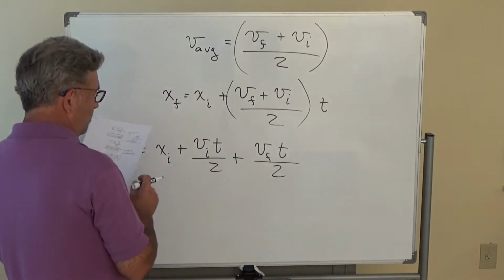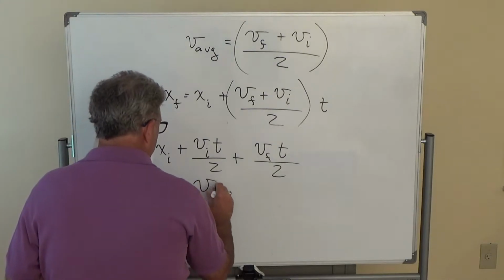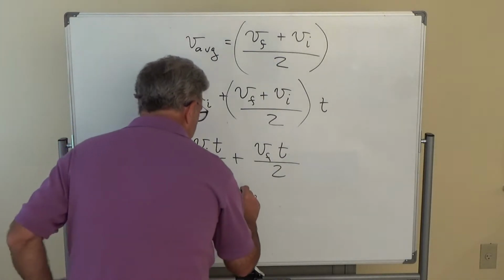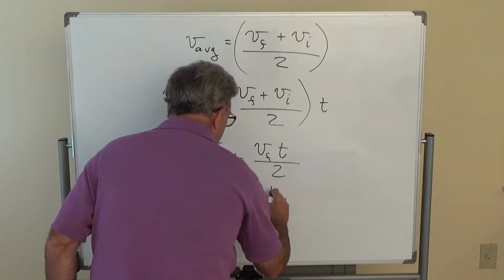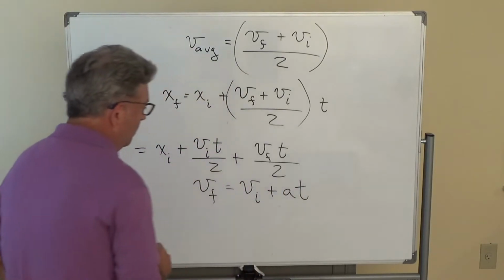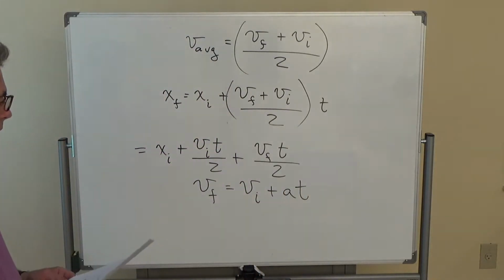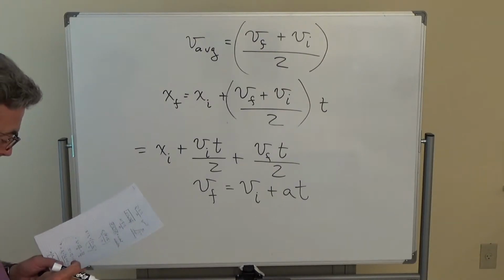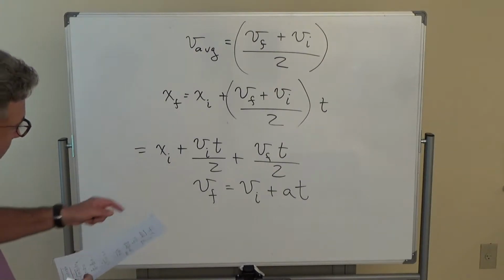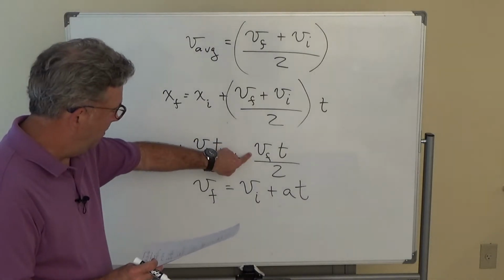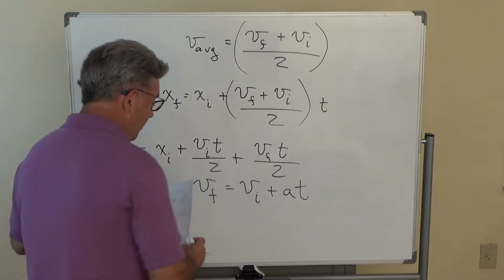And we also know that v final is equal to v initial plus a t, so I can use that in place of v final here. So let me do that.